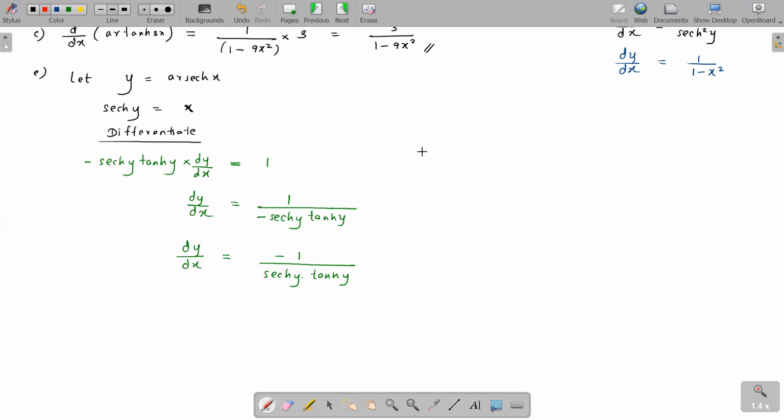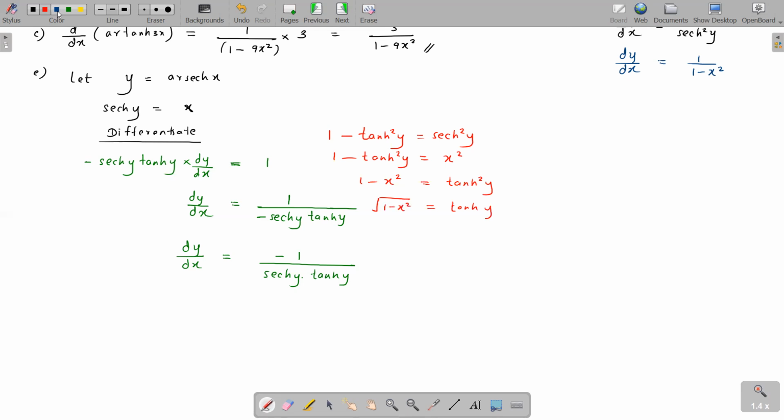How do you find the replacement for tan y? We know the rule: 1 minus tan square y is sech square y. We just used this rule a few moments ago, right? 1 minus tan square y is sech square y. So sech square y is x square, which means 1 minus x square is tan square y, which means tan y is root 1 minus x square.